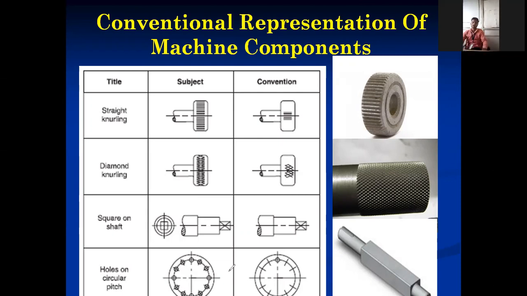By center line. So here only this one hole is shown, and the remaining are shown only by center lines. That is the meaning of holes on circular pitch.